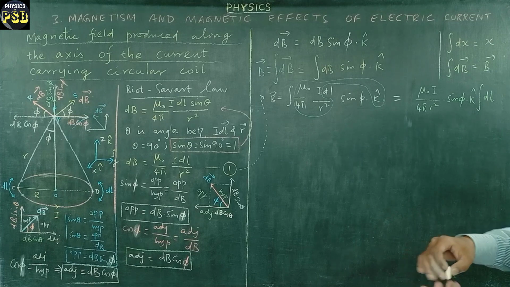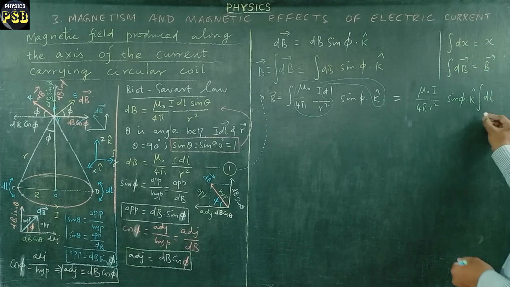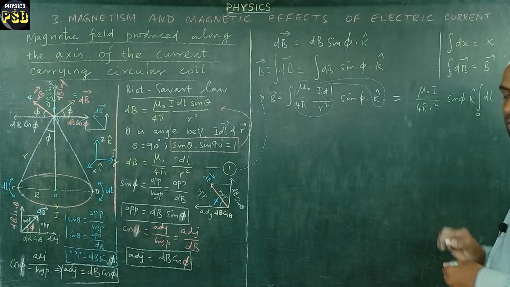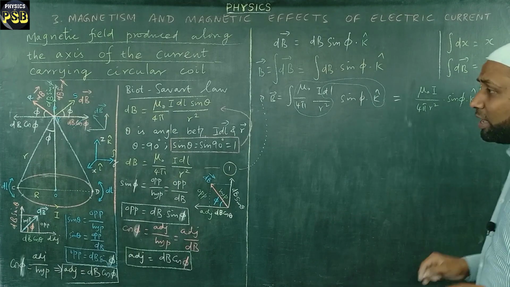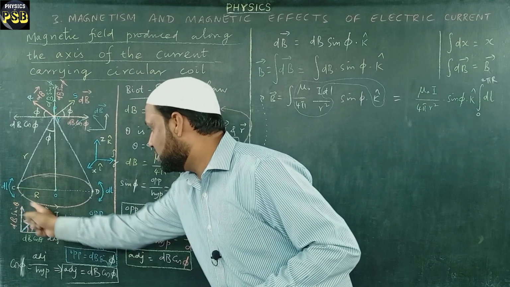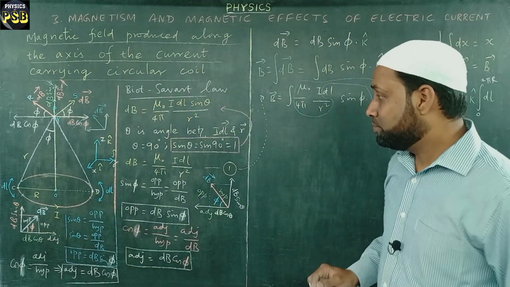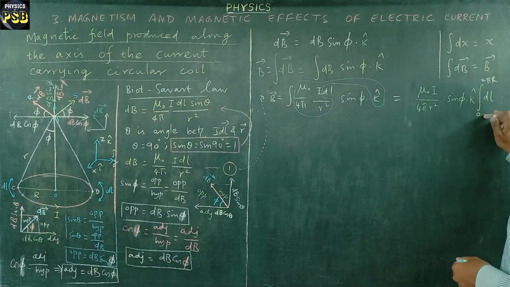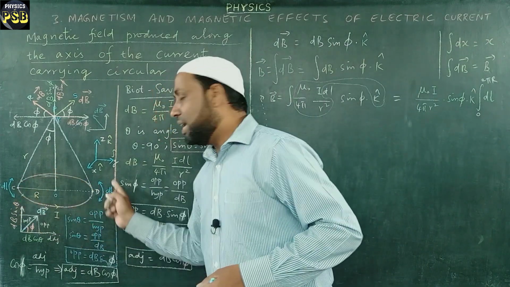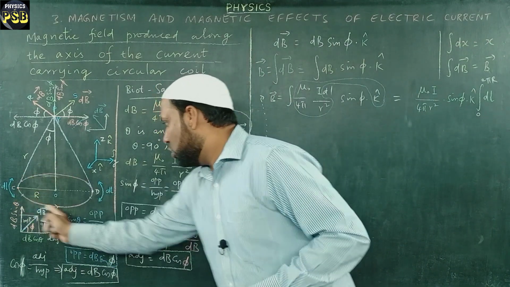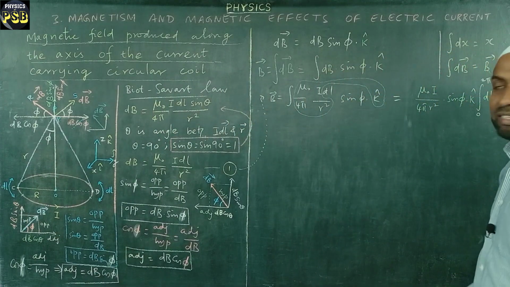So for that, what I'll do, I take the lower limit as 0, and the upper limit is taken as 2 pi r. The 2 pi r is the circumference of this circular coil. If I integrate this from 0 to 2 pi r, I'll get the entire length. It covers the entire circumference of this circle.